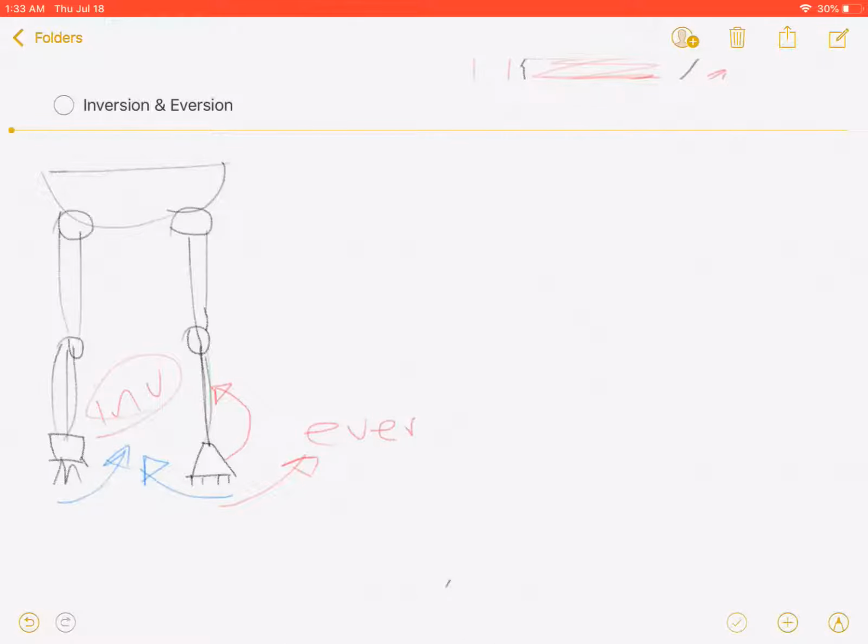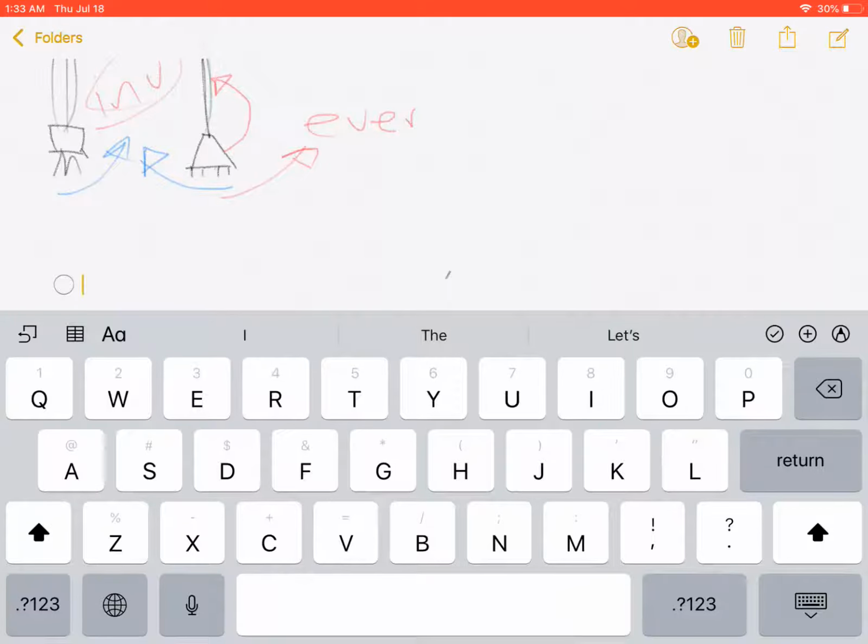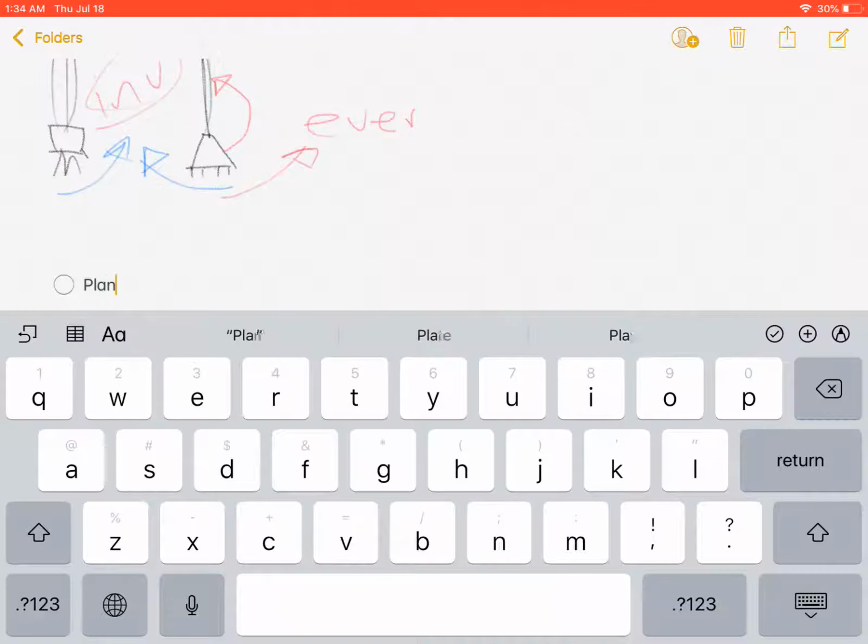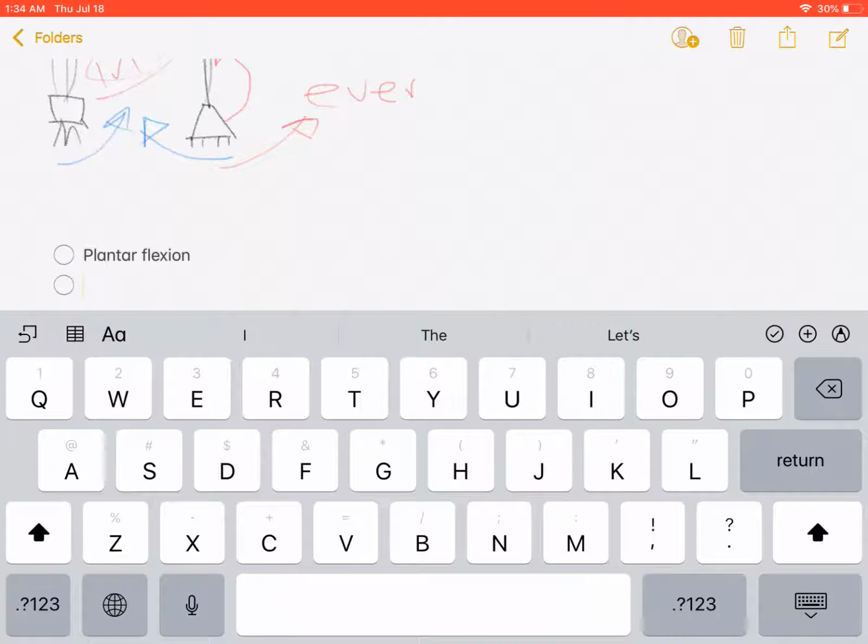Now let's look at something a lot better. Special movements of the foot. We have dorsiflexion and plantar flexion. The easy way to remember plantar flexion is you plant your toes in the sand to see if it's hot, or in the water to see if it's cold. Plantar flexion, your toes are pointing down. You are standing on your tiptoes.